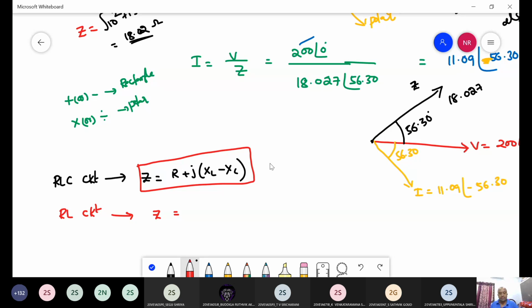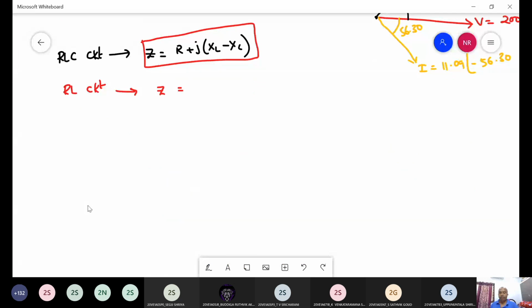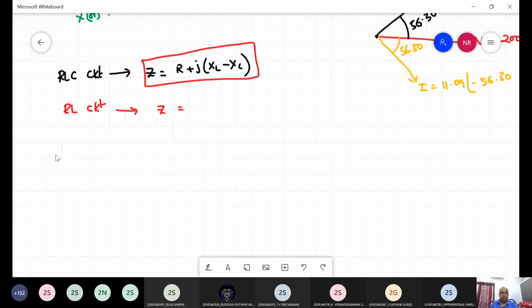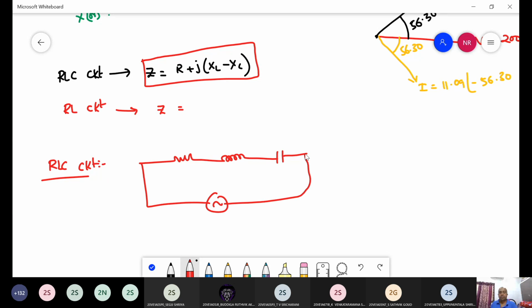Can I draw the RLC circuit here? One second guys, let us take the small difference clearly. RLC circuit. So here a resistor is there, an inductor is there, and a capacitor is also there. Here resistor, inductor, and capacitor.